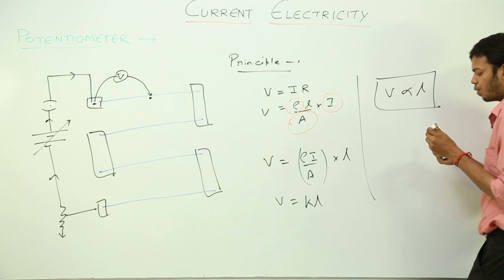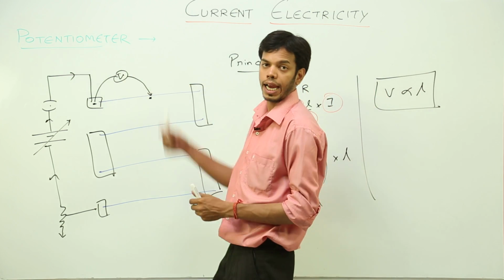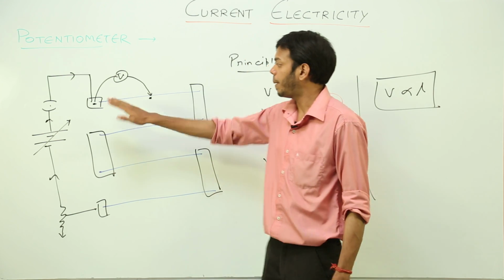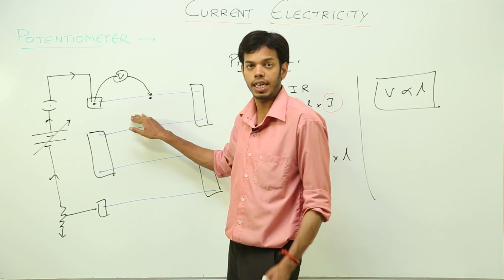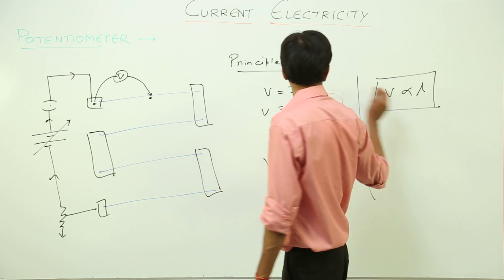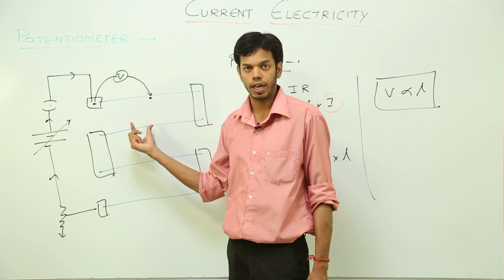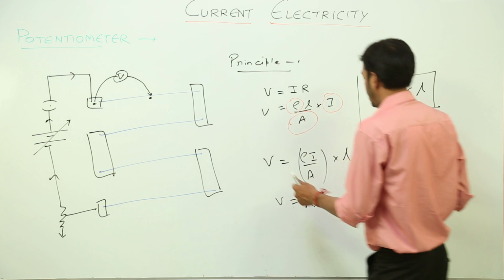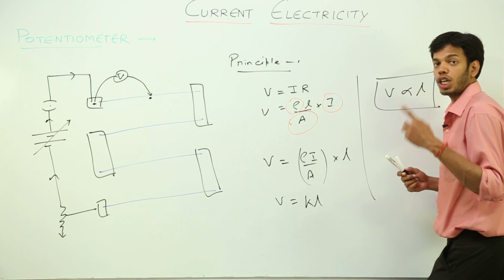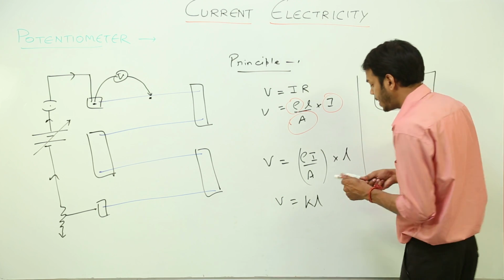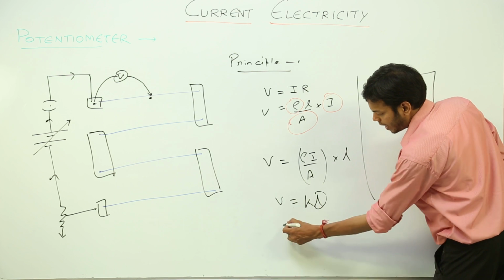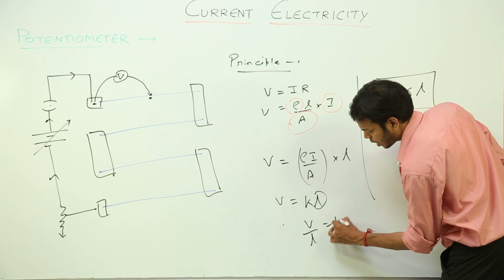This is the basic working principle behind potentiometer, that voltage drop across any part in the potentiometer wire is directly proportional to the length of that part of wire. Or in other words, what is potential gradient? Potential gradient was voltage divided by the length. So if I take this L here, I will get V upon L is a constant.